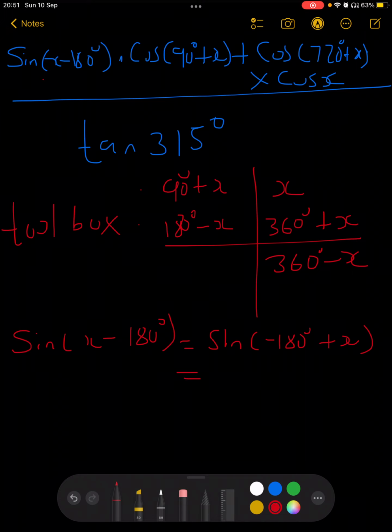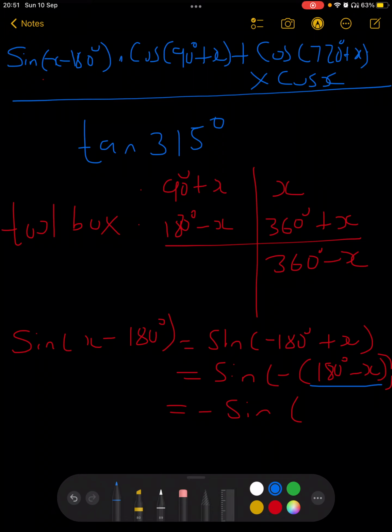But that doesn't look good, so if we factor out the negative here, it looks like sine of minus open bracket 180 minus x. And sine of negative angles is what? It's a negative sine of that angle. What is that angle? That angle is this whole batch.